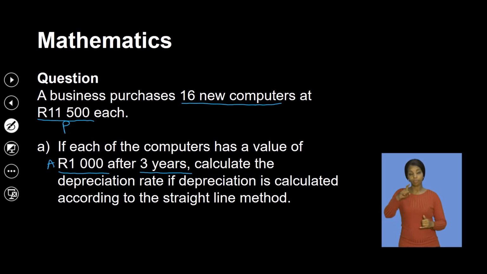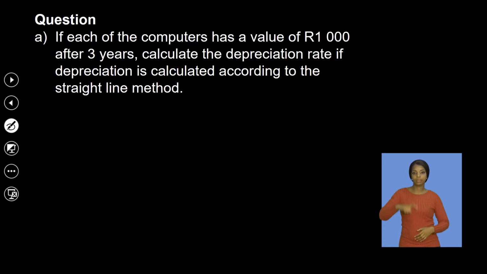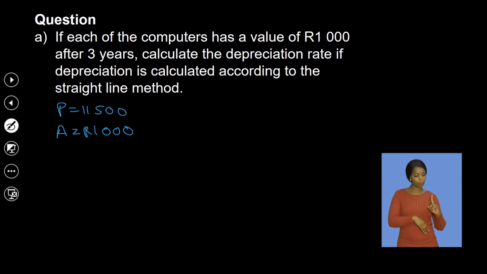Calculate the depreciation rate if depreciation is calculated according to the straight line. Guys, I will emphasize, you need to be told what method you are dealing with. Is it straight line or reducing balance? Remember that they are very different. Now, if I do the calculation for this, the P value here was the 11,500. The A value went as down as 1,000 rand.